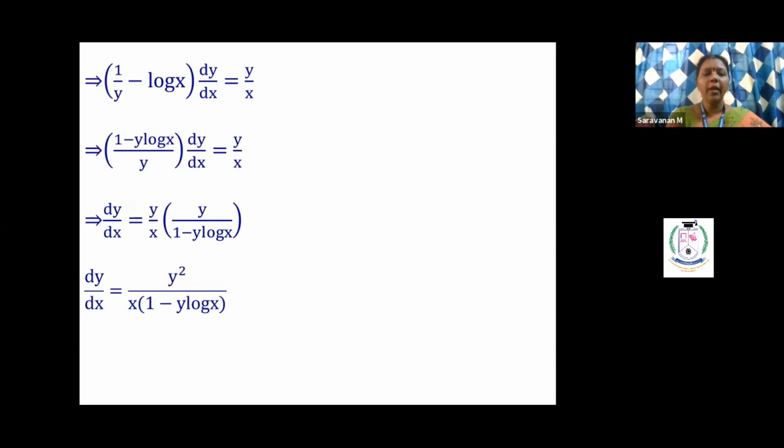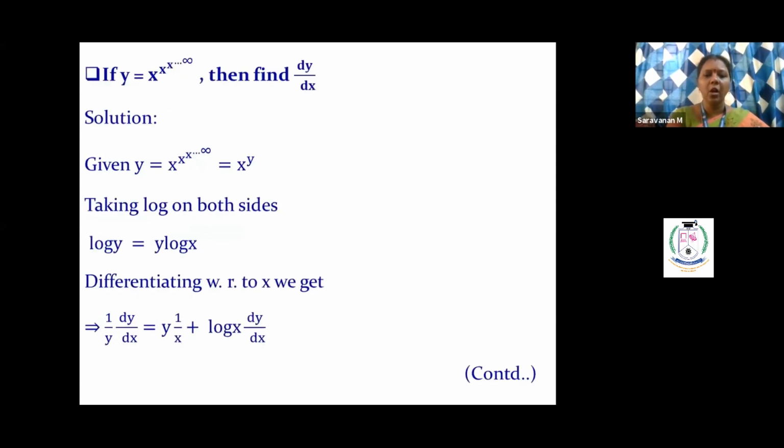Now bring the dy by dx terms together on the left side. In the previous step we got log x dy by dx, and I am bringing that to the left hand side. So we'll be getting 1 by y minus log x into dy by dx.